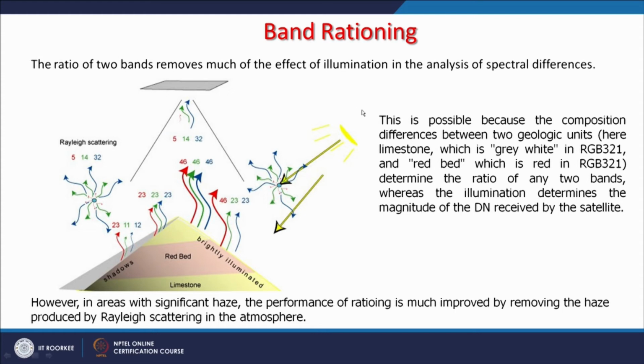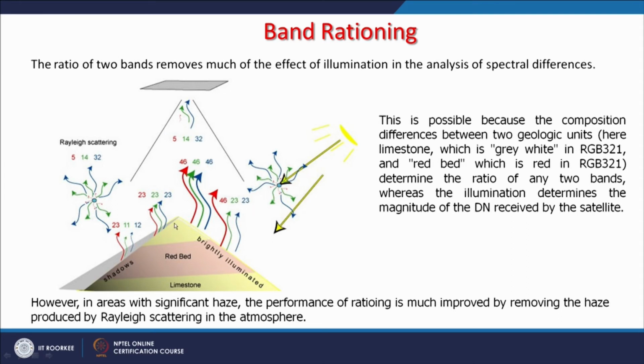And here is the example: this is the sun and the energy is coming, it is getting reflected. This is the illuminated part, this is the red band, this is the limestone, and they give different reflections, as you can see 46, 23, 23 and likewise.